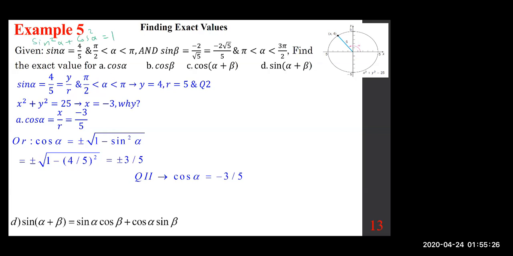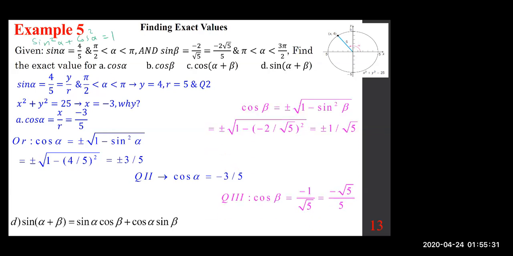Negative. So you establish it, you plug it in, and you choose the negative one. I'm using the identity sine squared plus cosine squared equals 1. I have sine, I figure out the cosine. And as far as positive and negative, I have to pay attention to the quadrant. Is everybody okay with this?